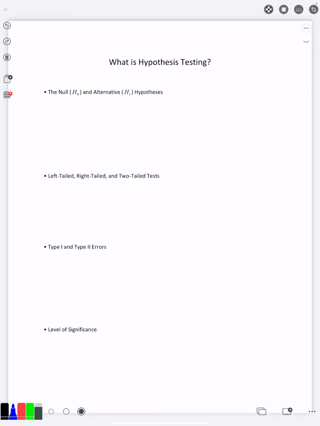So every hypothesis test is going to have a null hypothesis and an alternative hypothesis. There's always going to be two hypotheses.